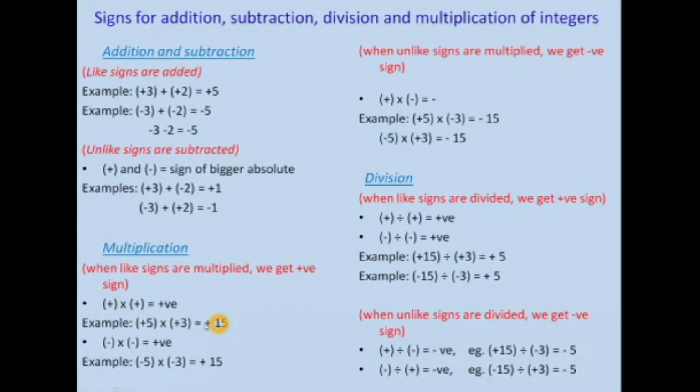Plus and plus multiply, we get plus. And when a negative number and a negative number are multiplied, we get a positive number. Example, -5 and -3, both of them are negative numbers. They are like signs. Minus and minus multiply, we get plus. The answer is +15.